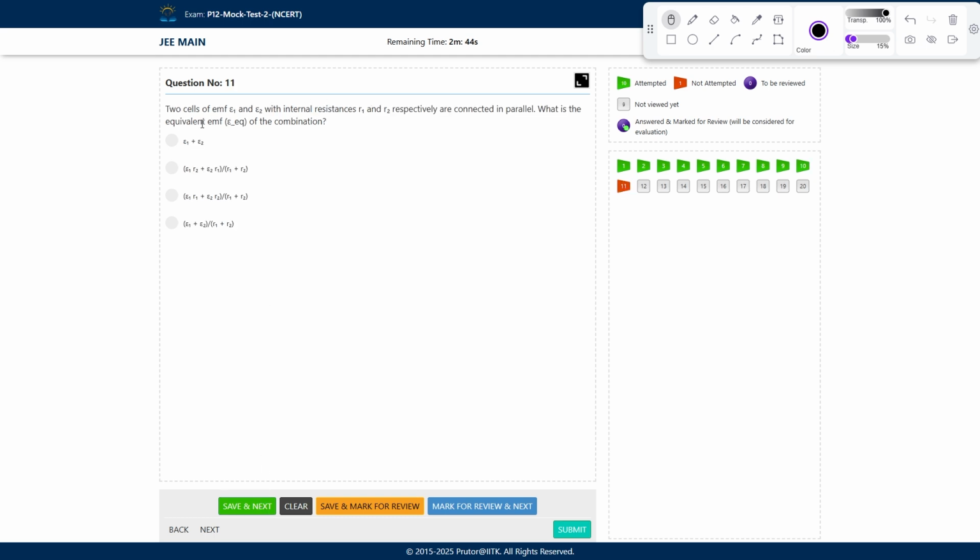Now, two cells of EMF epsilon 1 and epsilon 2 with internal resistances R1 and R2 respectively are connected in parallel. What is the equivalent EMF? We know that for parallel combination, equivalent EMF is given by (epsilon 1 R2 plus epsilon 2 R1) upon (R1 plus R2).